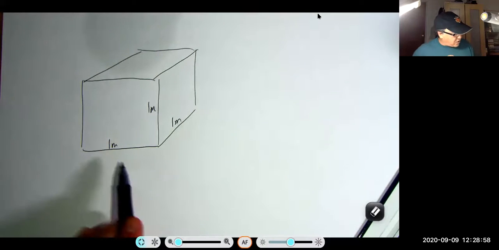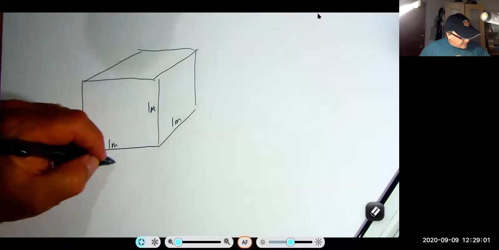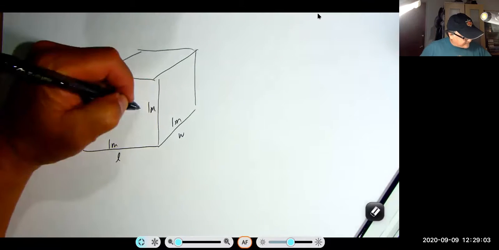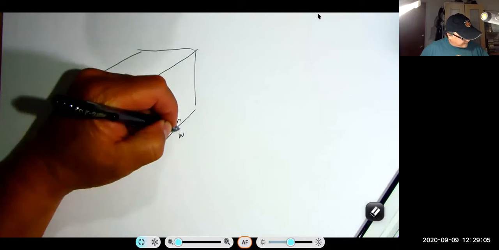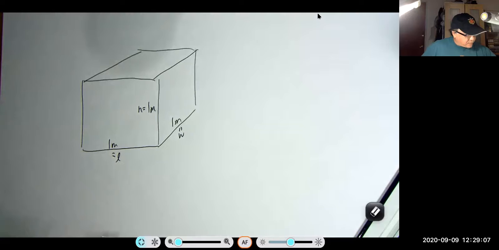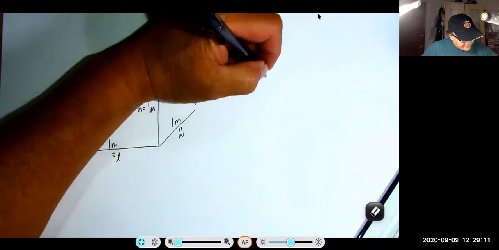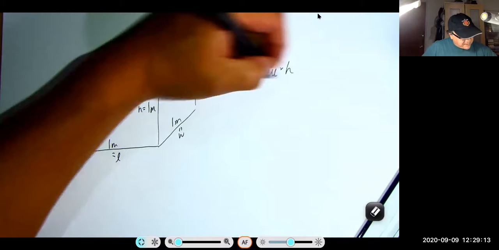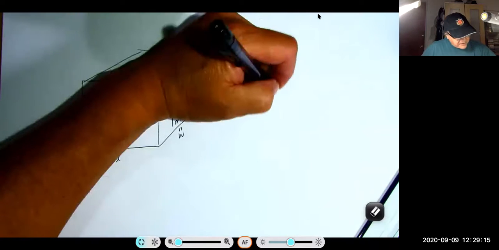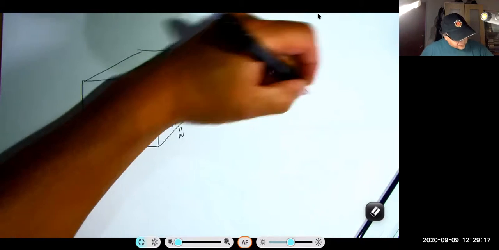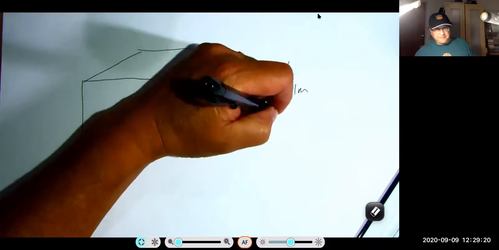So we're going to call this the length, the width, and the height. So when we take the volume, which is the length times the width times the height, we get 1 meter times 1 meter times 1 meter, which is 1 meter cubed.